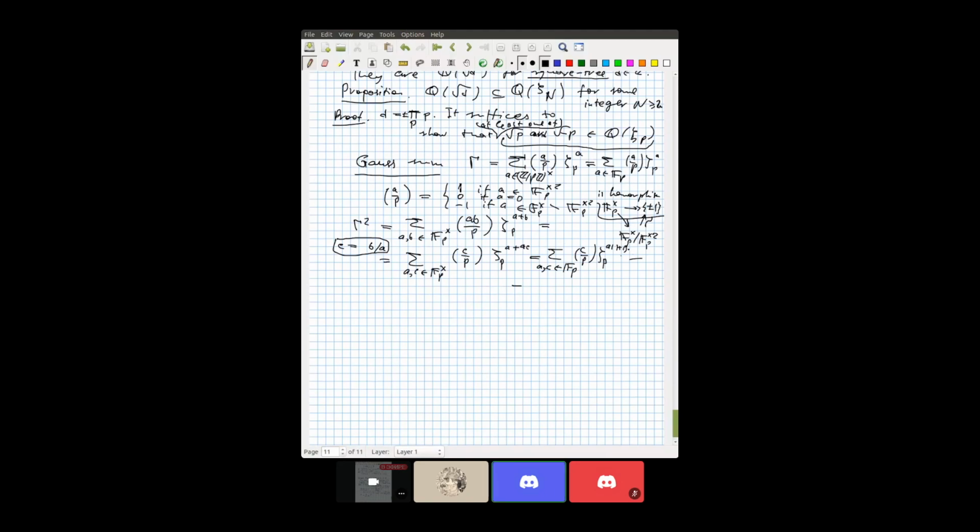Minus the case where A is 0, so it is the sum over all C of C over P.